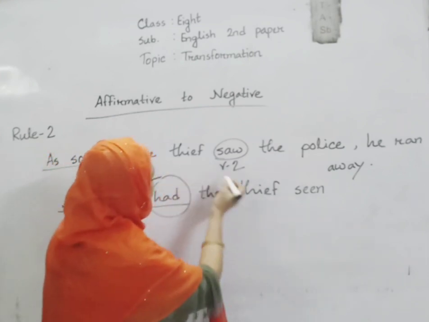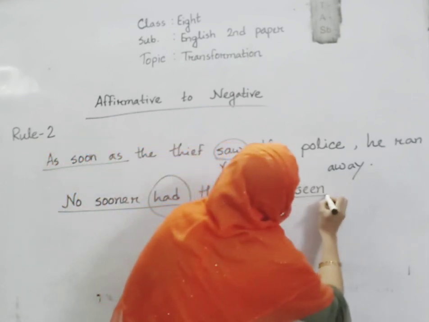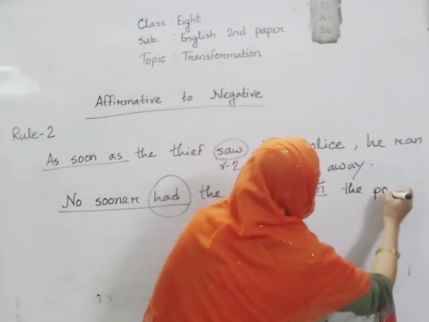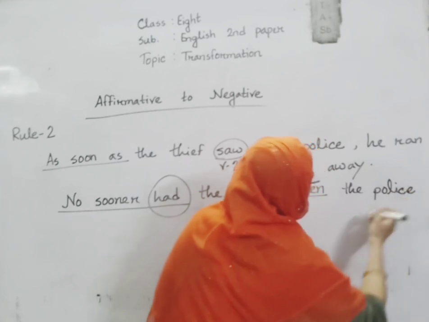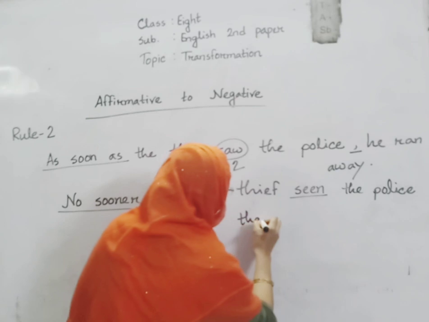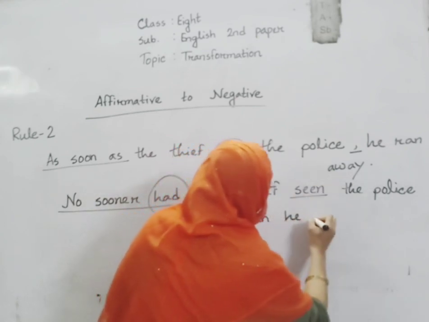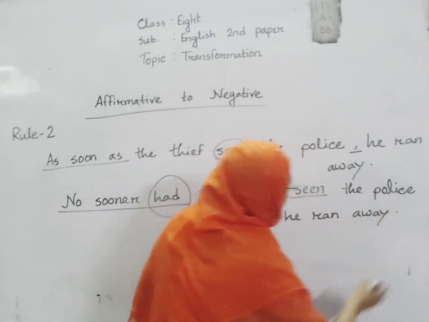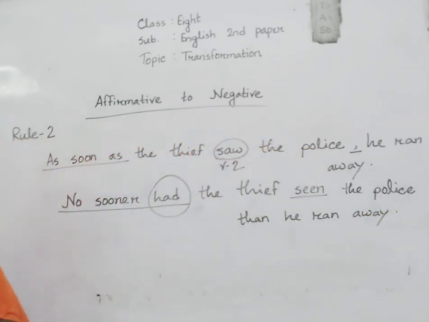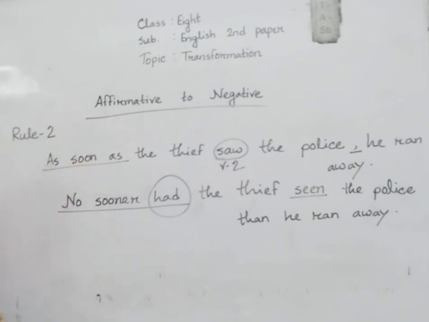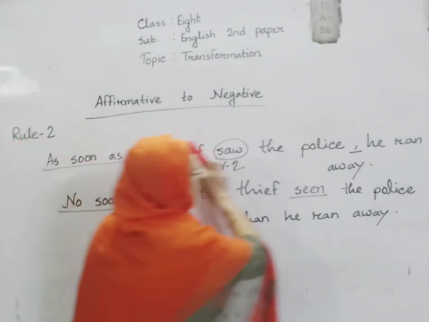For that, we have written seeing the police according to the rule, then he ran away. Dear viewers, you can see the second clause will be unchanged. Okay, I am giving you another example.